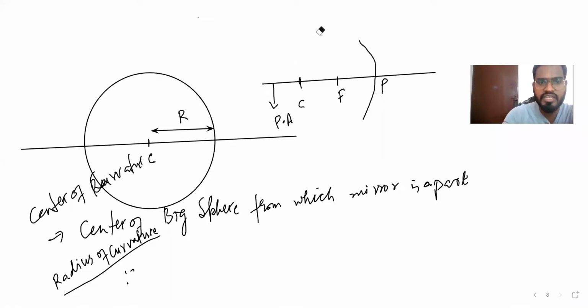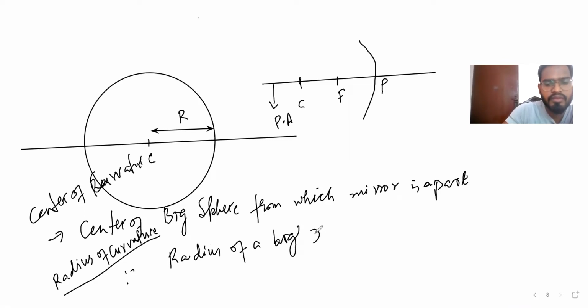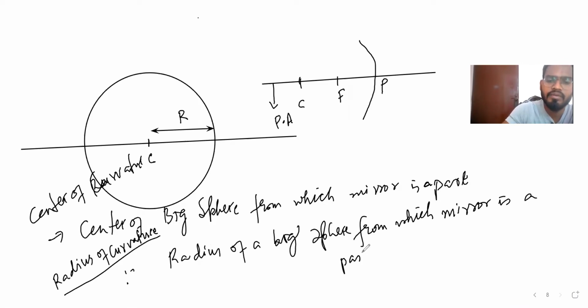So the radius of a big sphere from which the mirror is a part is known as what? Radius of curvature, right?